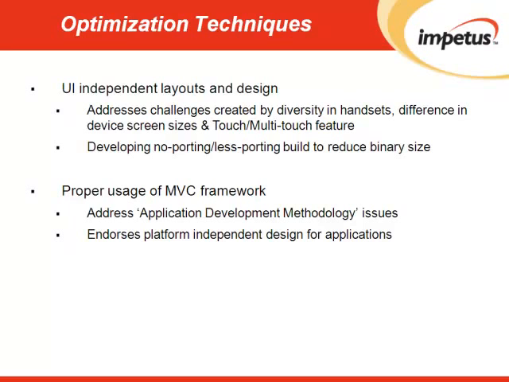Now, J2ME, Android and BlackBerry belong to the Java category, whereas Brew, Symbian and iPhone belong to the C++ category. So, while writing your applications in J2ME, you should consider the fact that its architecture and business logic can be directly used on BlackBerry and Android, and would only require UI-related changes in these technologies.